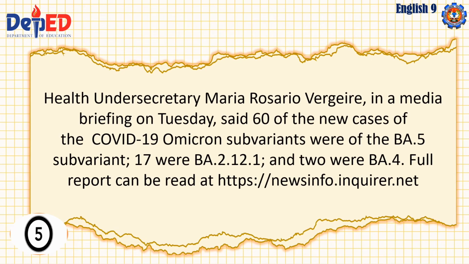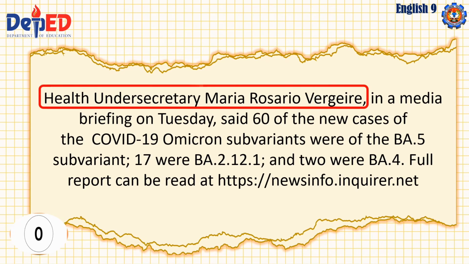Health Undersecretary Maria Rosario Vergeire, in a media briefing on Tuesday, said 60 of the new cases of the COVID-19 Omicron subvariants were of the BA.5 subvariant, 17 were BA.2.12.1, and 2 were BA.4. Full report can be read at https://newsinfo.inquirer.net. Excellent!